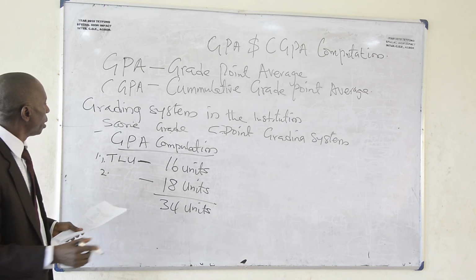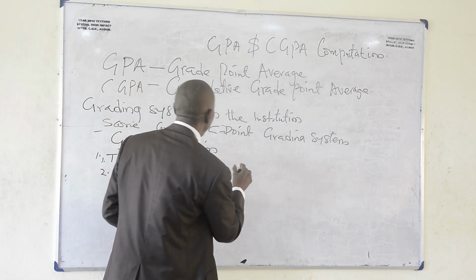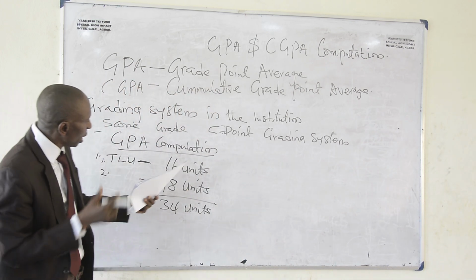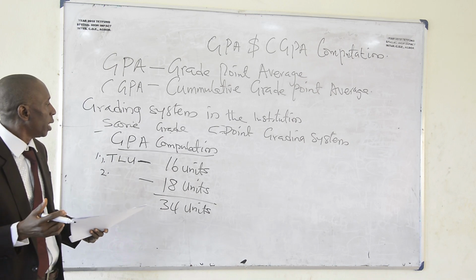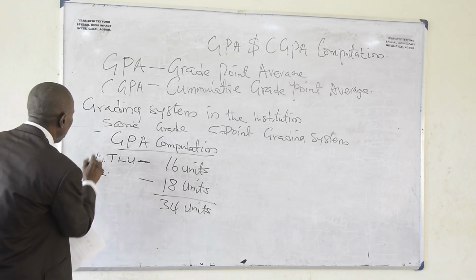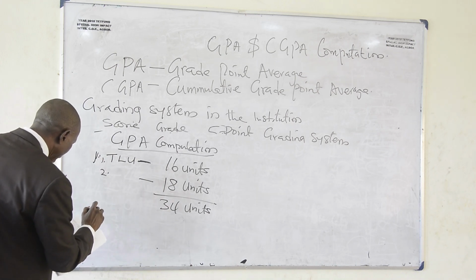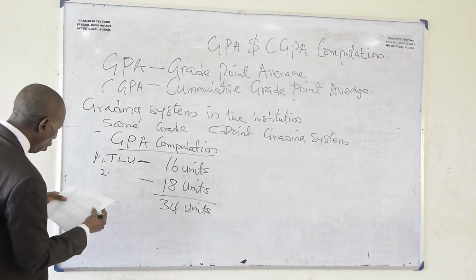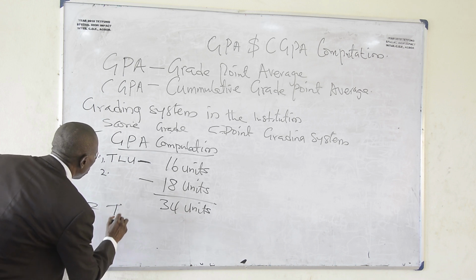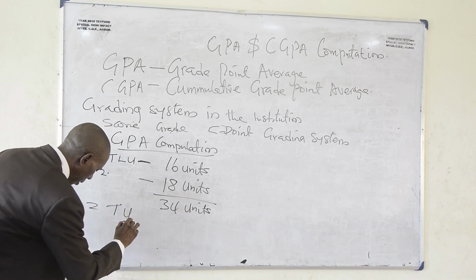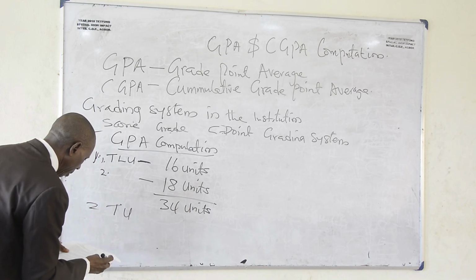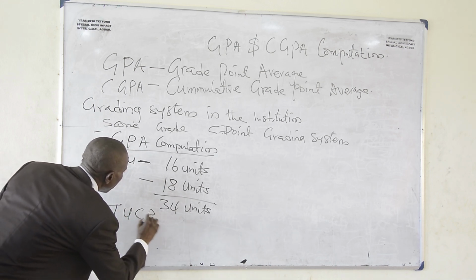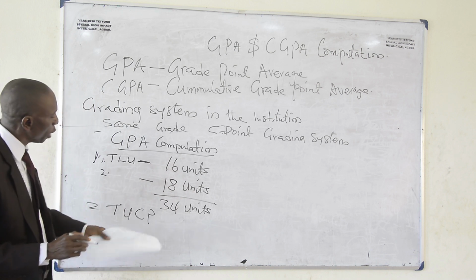And then, each course the student has taken, like we said earlier on, carries a unit. And so, the next item you will look at is total unit credit point, TUCP.